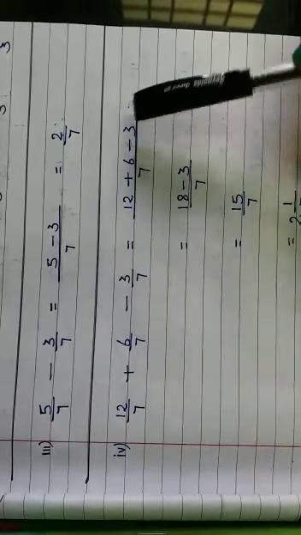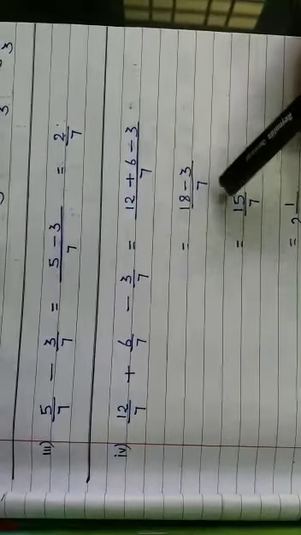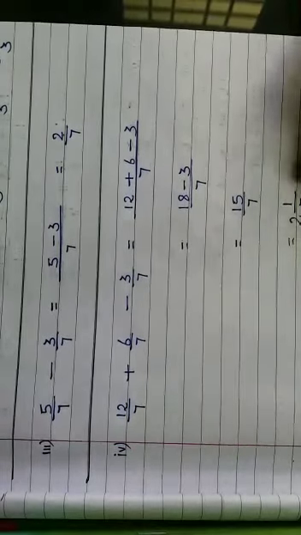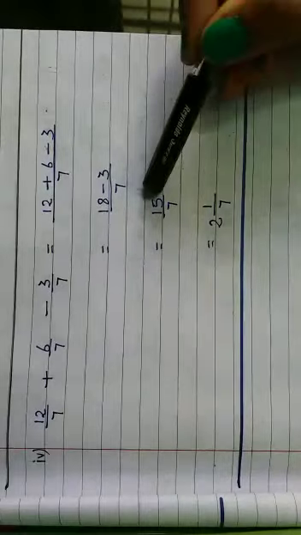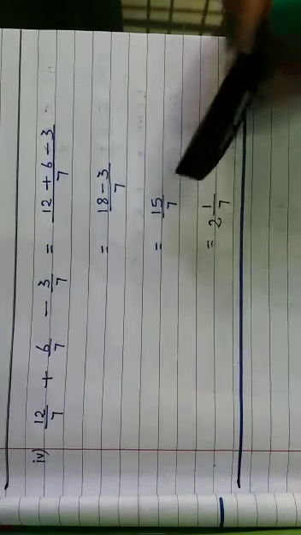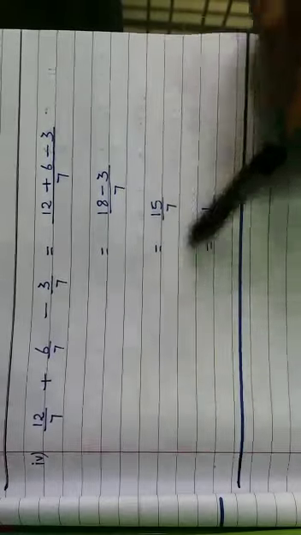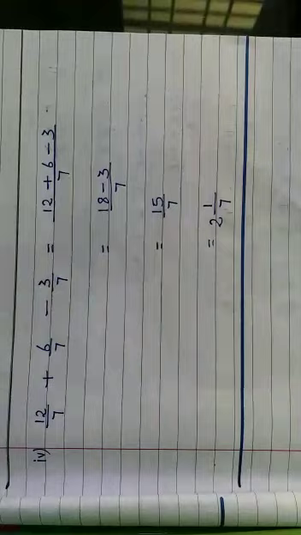So 12 plus 6 minus 3 is equal to 18 minus 3, and 18 minus 3 is equal to 15 upon 7. Because again this is improper, we have to change this into a mixed fraction. When we divide 15 by 7, the quotient is 2, the remainder is 1, and the denominator is as it is. So our answer is 2 and 1 upon 7. Okay.